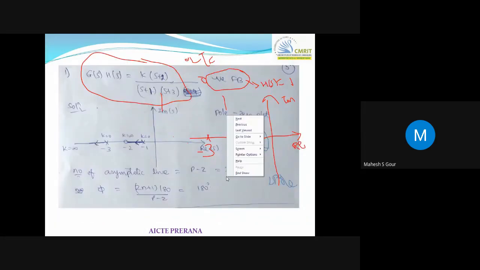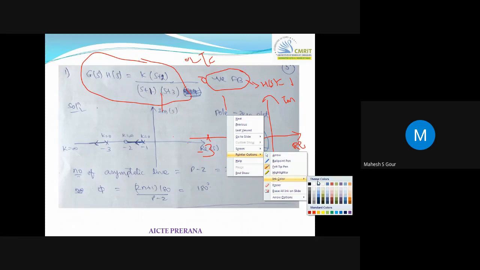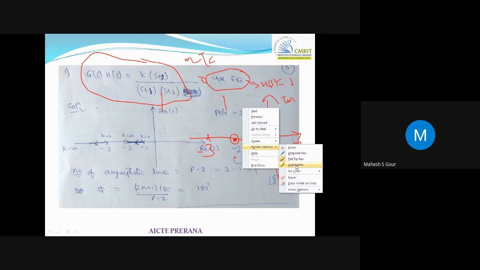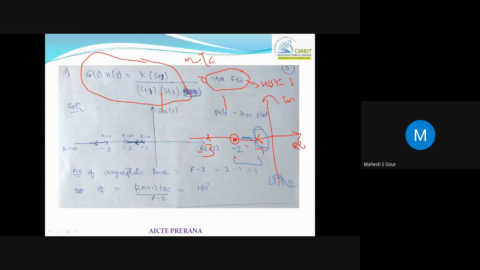So here, when I'm checking how many roots are there on the right hand side, see, now I'm checking this part in between -1 and -2.